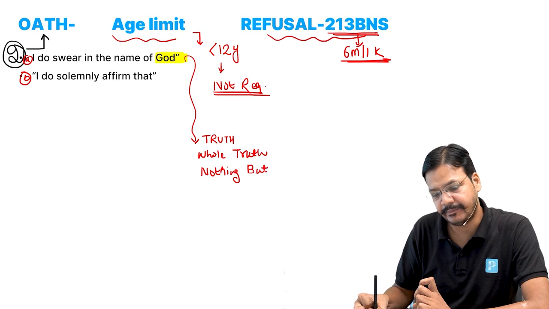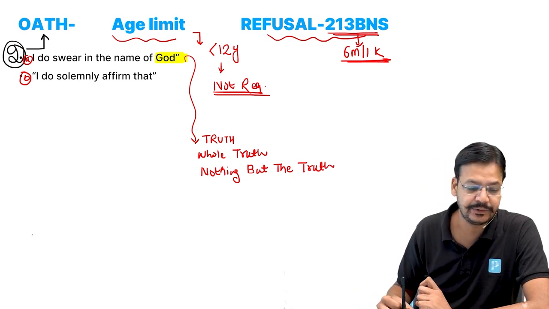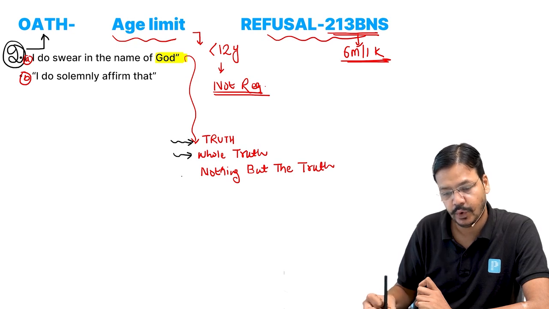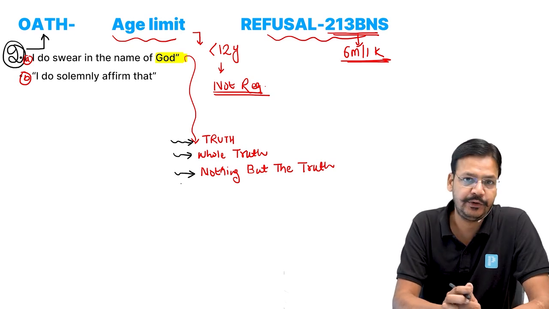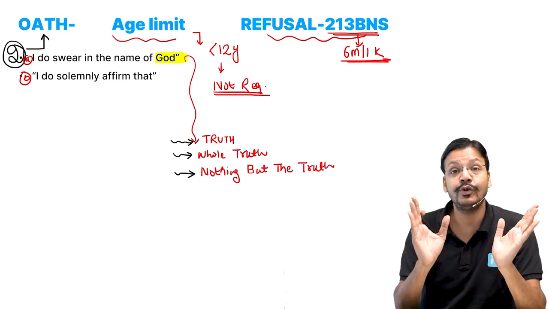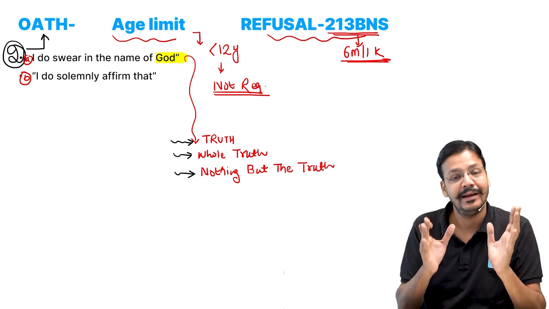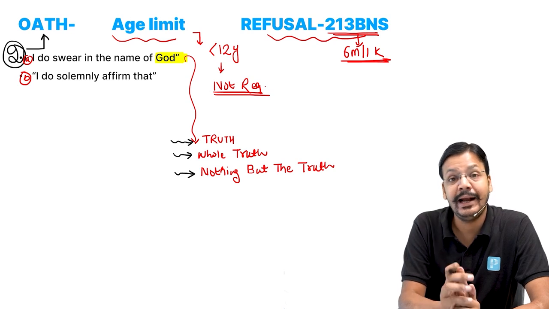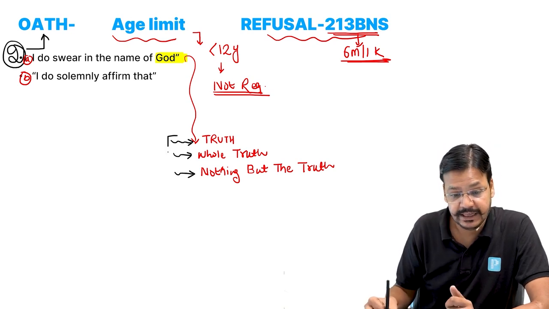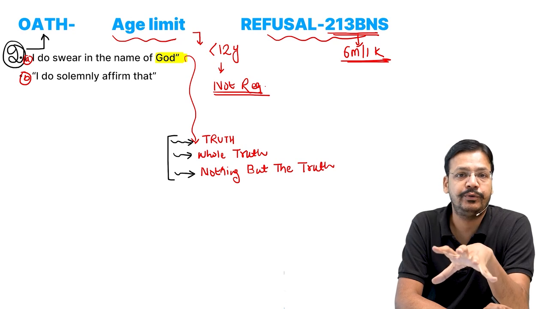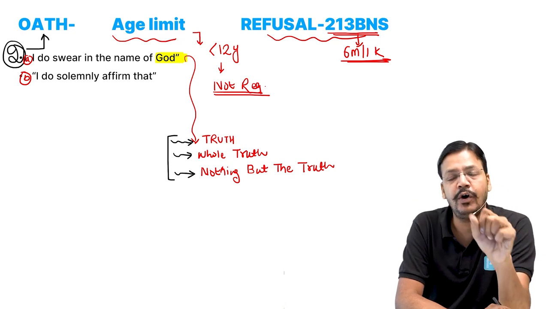So these are three statements. Truth is whatever you know. Whole truth should be complete, my dear friend. Incomplete truth is also just like a lie. And nothing but the truth. So these are three important components, generally taken after swearing on the name of God.